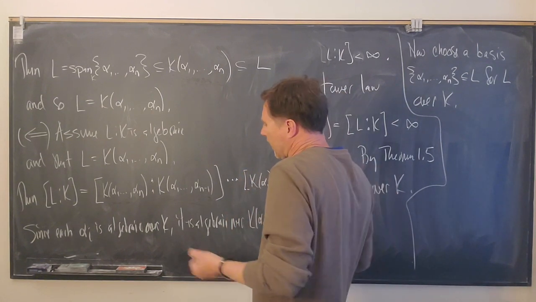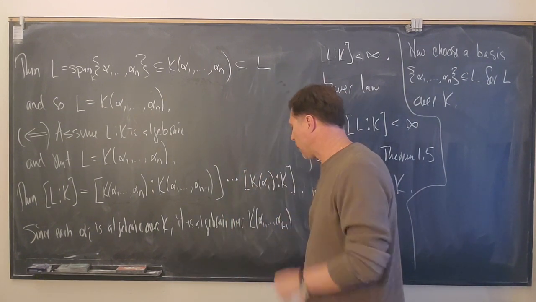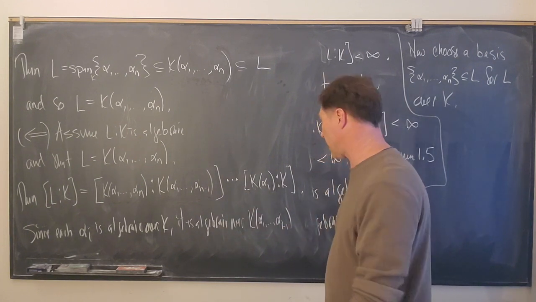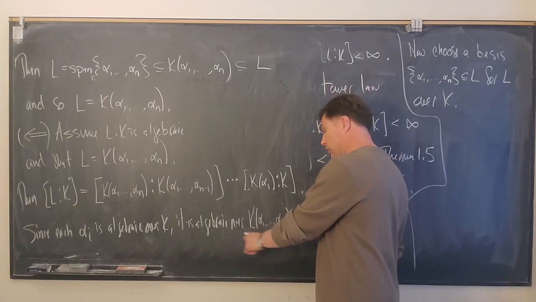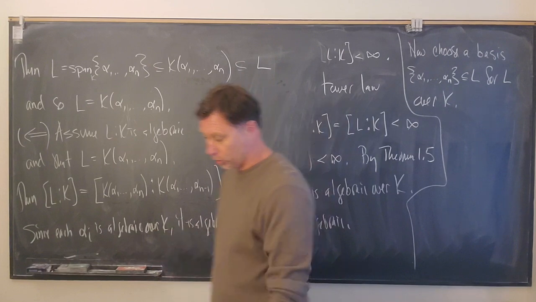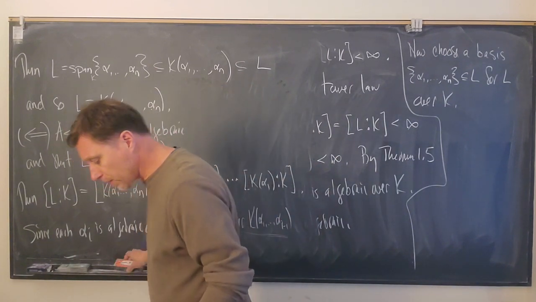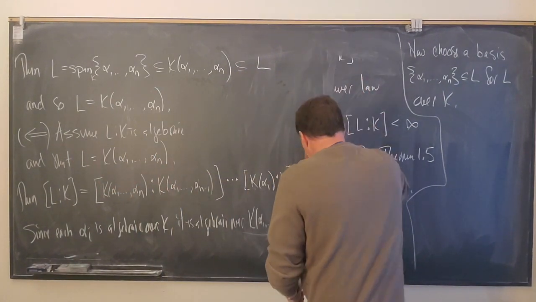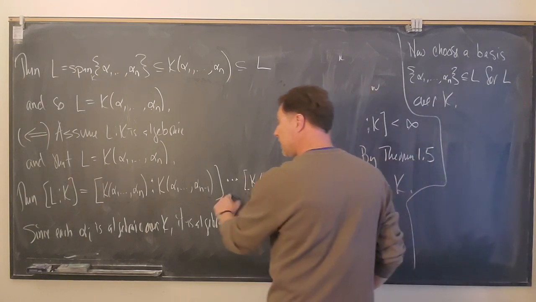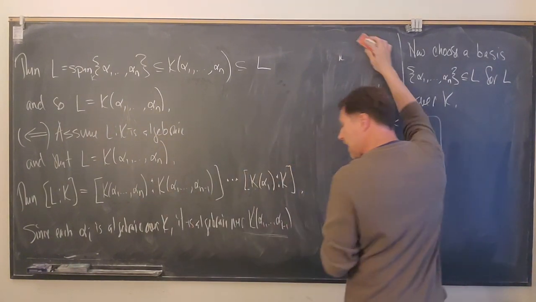Right? What am I saying here? If you're a root of a polynomial with coefficients in K, then you're definitely a root of a polynomial with, or you've got more coefficients. And so what that means then is that each one of these factors on the right-hand side is finite.